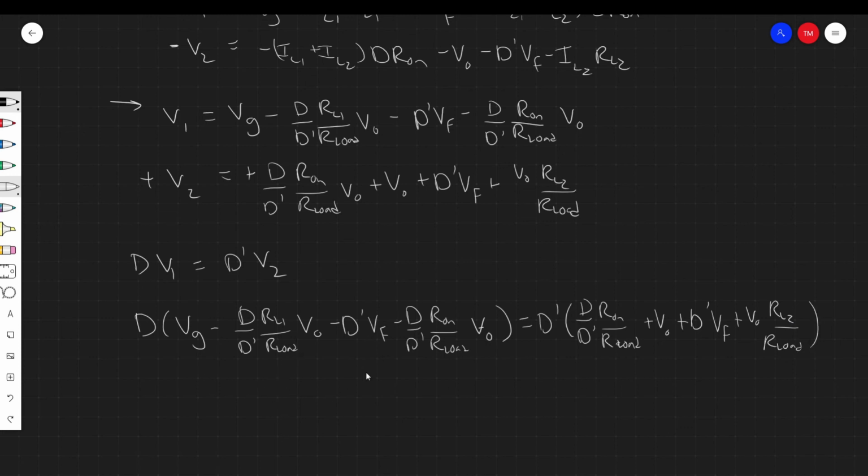Cool. So what I'm going to do is bring all the V outs to this side, and then all the VG and VF stuff to this side, right? So this is like V out, and this is like VG. So let's do that. So we have minus D over D prime RL1 over R load times V out minus D over D prime R on over R load times V out.